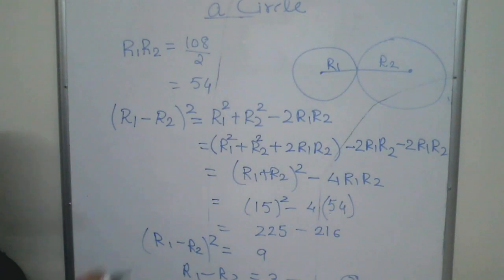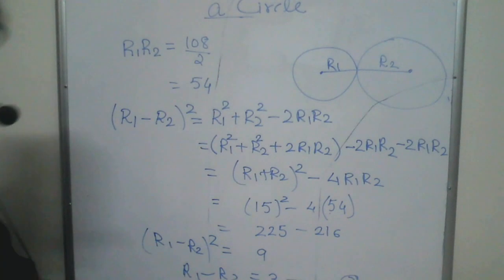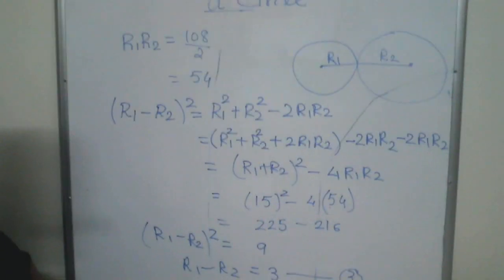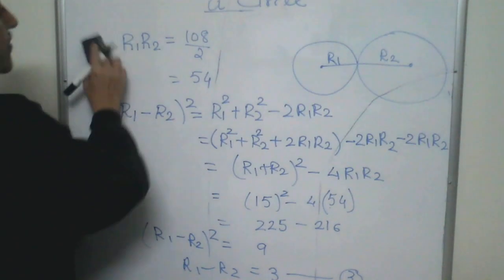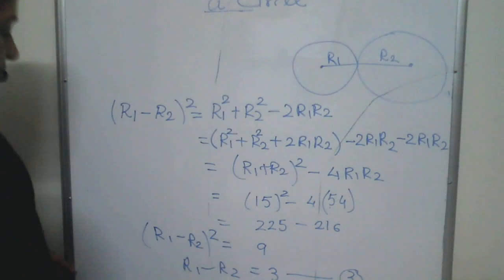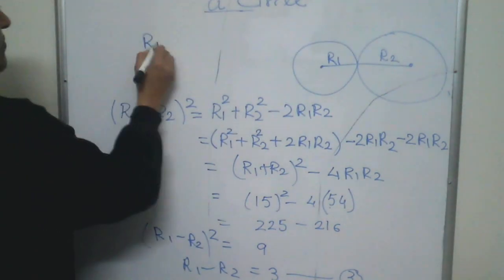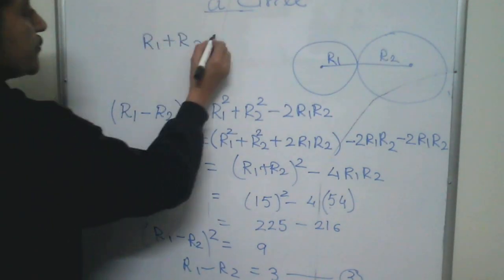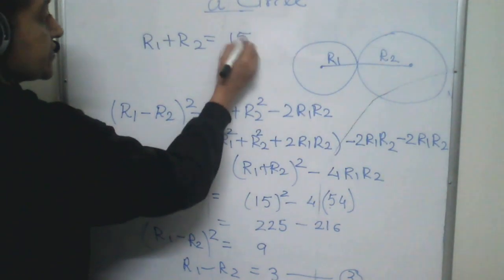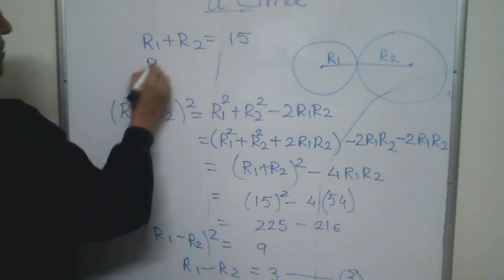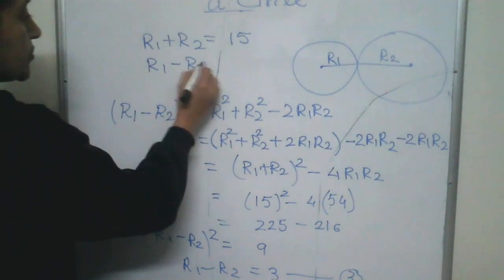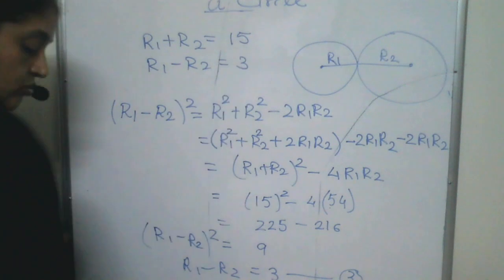Now we have to take this r1 plus r2 and r1 minus r2. Now look here, r1 plus r2 is equal to 15, given as the first equation. This one, r1 minus r2 is equal to 3. Now what do we do with this?